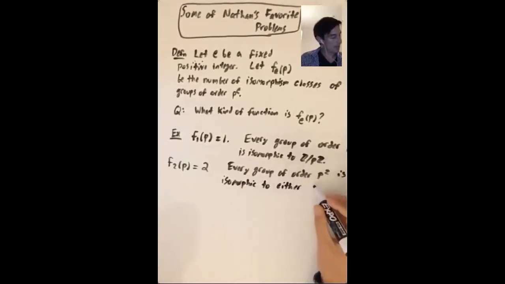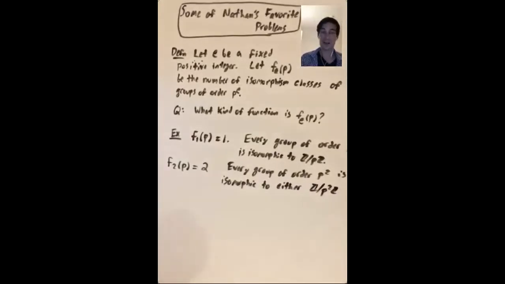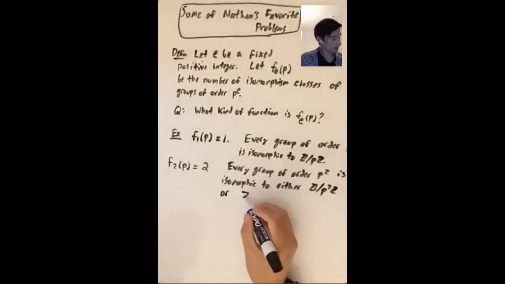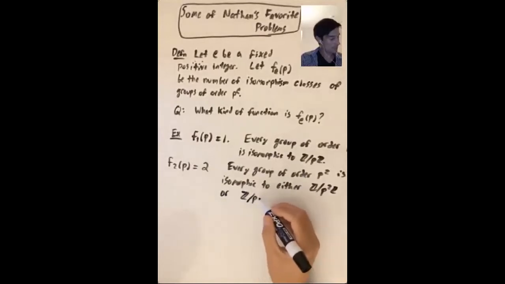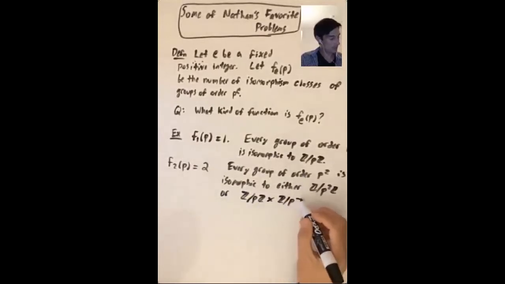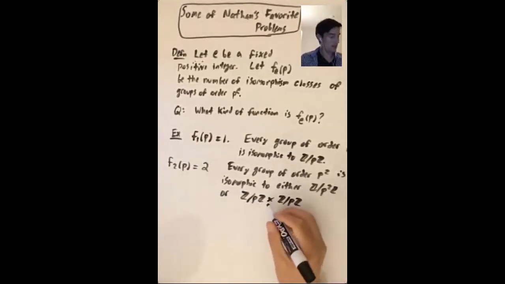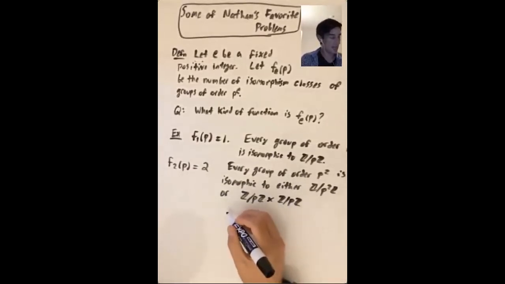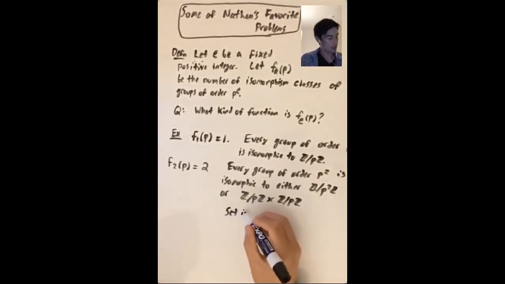You could have Z mod p squared Z, the group of integers modulo p squared, or Z mod pZ cross Z mod pZ. So what is this? This is the direct product of two groups. So the underlying set is the Cartesian product.